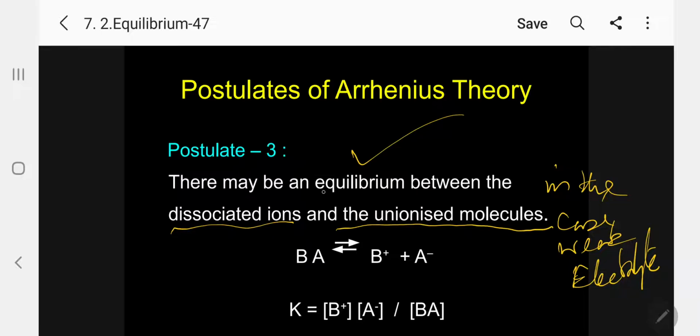In a strong electrolyte, ionization is complete. So if there is an equilibrium between dissociated ions and unionized molecules, it only indicates a weak electrolyte.